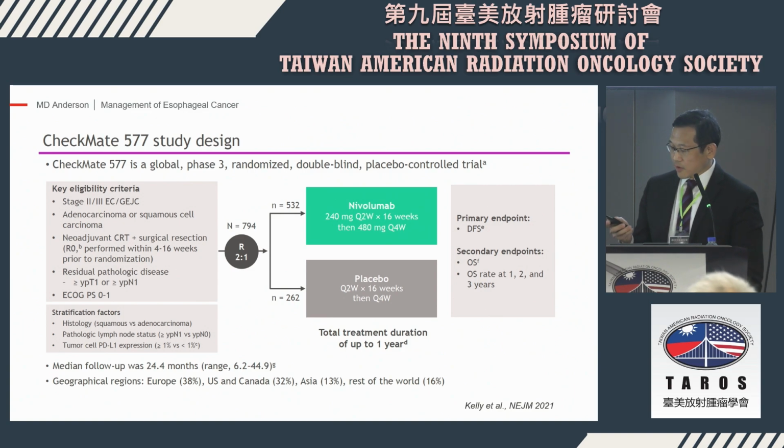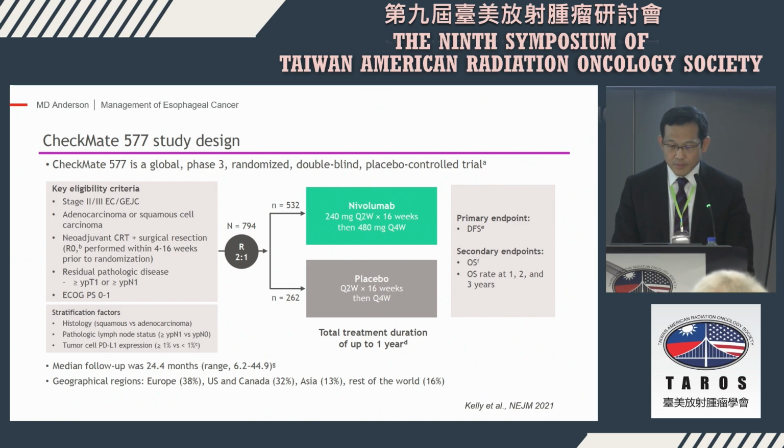The control arm I talked about really should be CheckMate 577, which is in patients who received the CROSS regimen. In this study, patients had completed chemoradiation, and patients with any residual disease, about 70% of patients, were randomized 2-to-1 to nivolumab versus placebo.